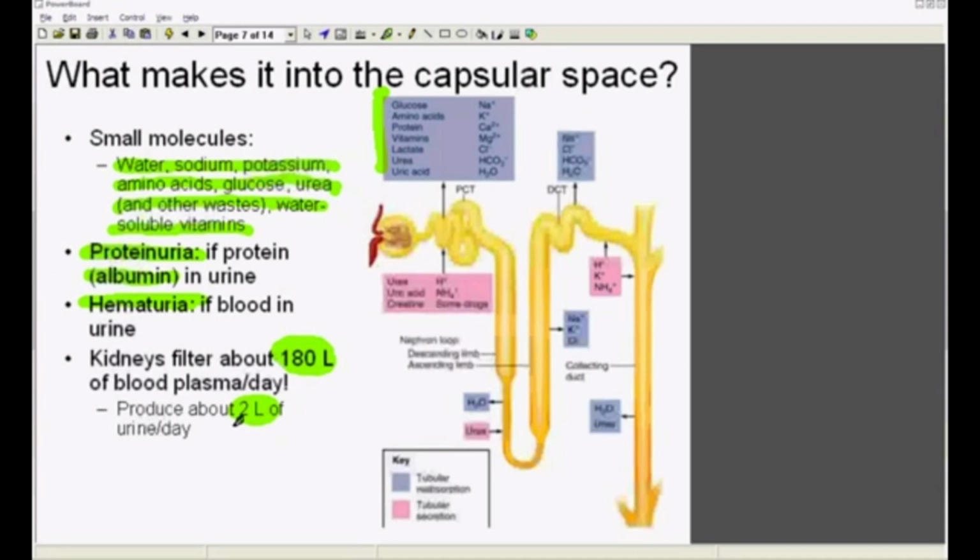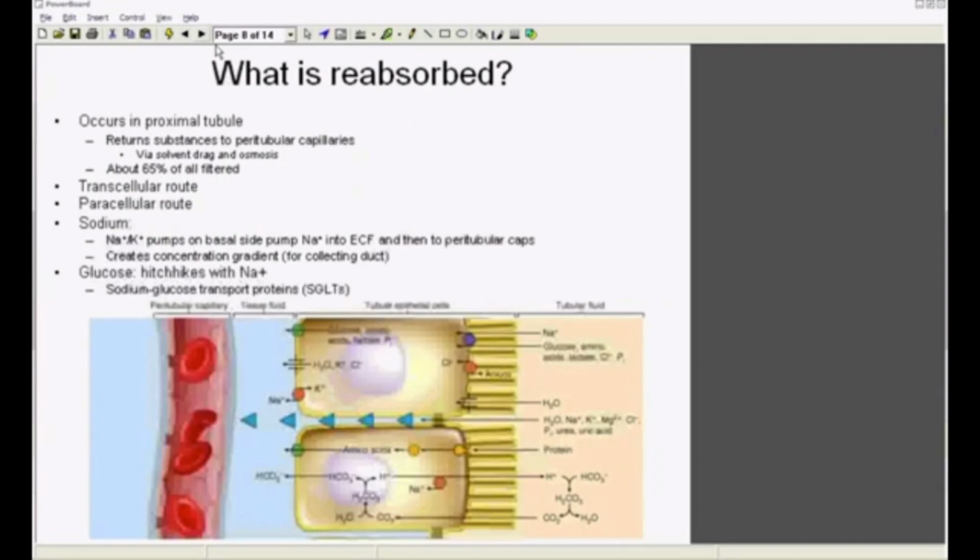So most of the fluid that gets filtered out gets actually reabsorbed, and most of the solutes that get filtered out actually get reabsorbed, so that we only end up with about 2 liters of actual urine that is made. So I want to talk now about this process of reabsorption, because it's obviously really critical. We are reabsorbing 178 liters of water and other solutes every day. So let's look at what this involves.